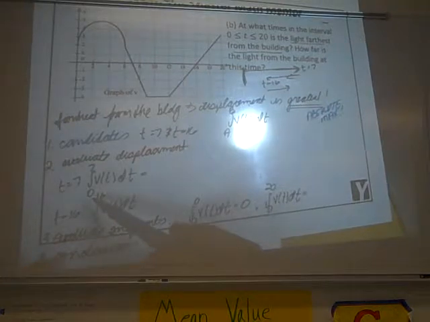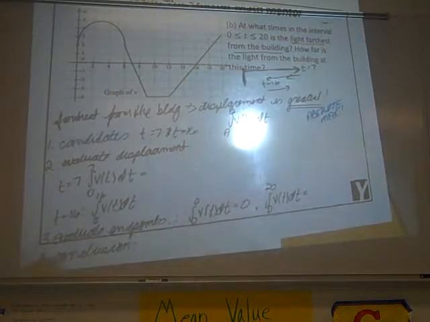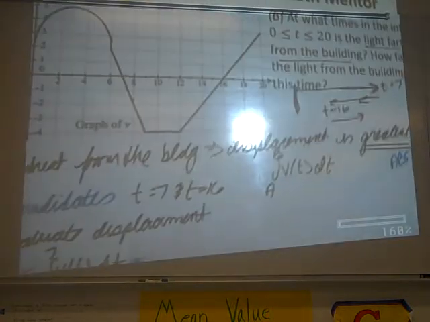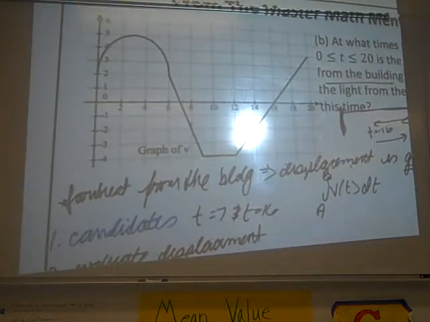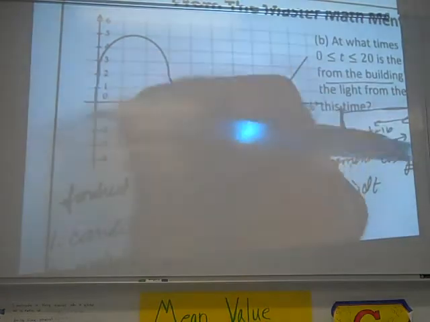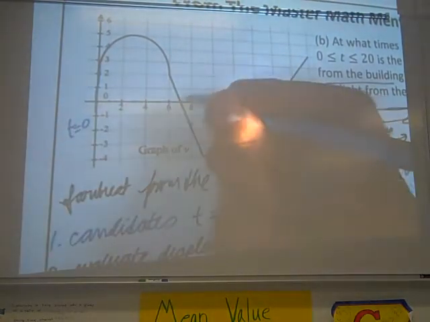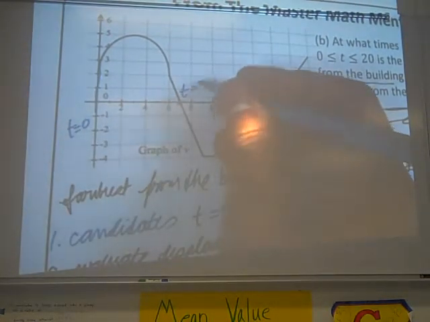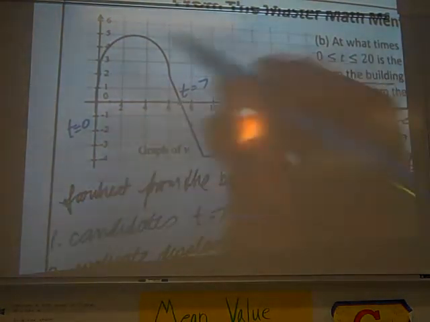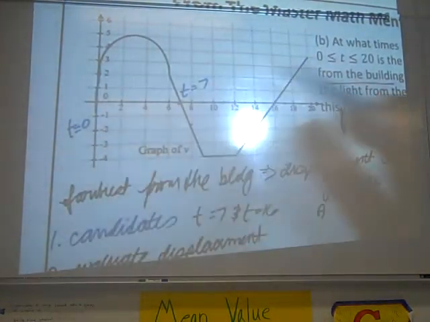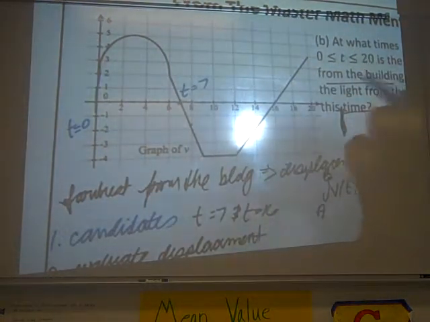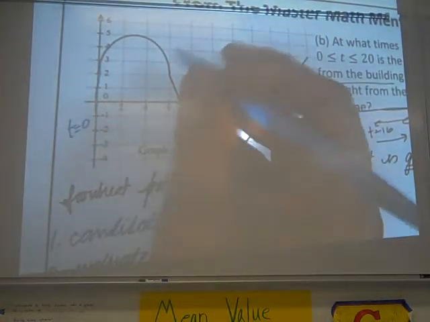So I want to find the integral from 0 to 7 of v of t dt. I'm going to zoom in on the graph a little bit here. If I want to find the area starting at t equals 0 and going until t equals 7, well, I need to break this region into sections that I know. I was told that there's a semicircle.